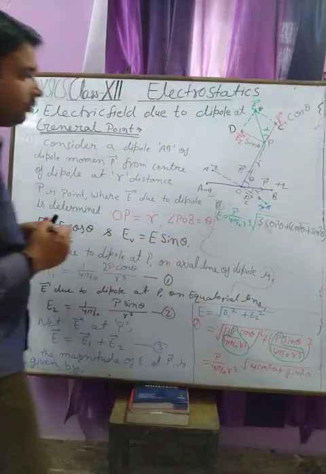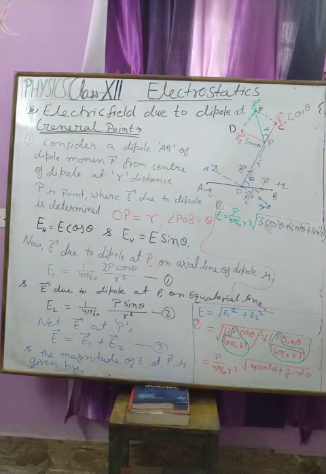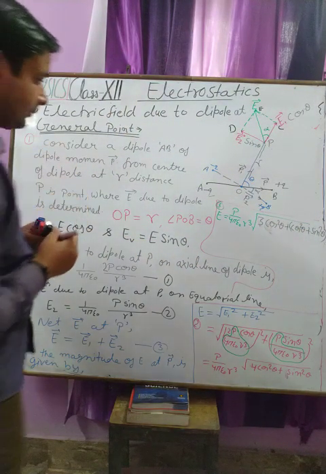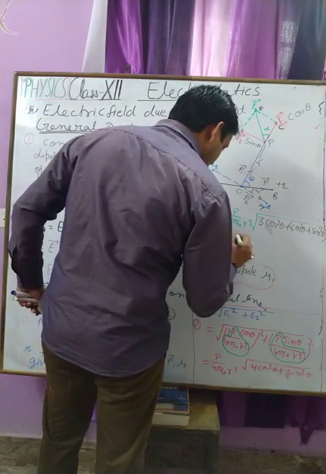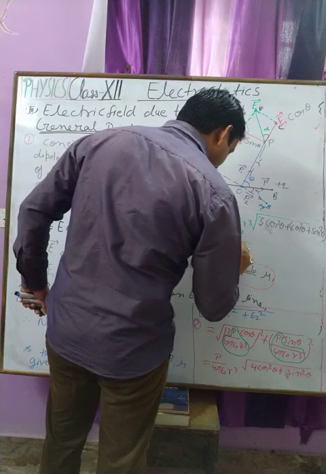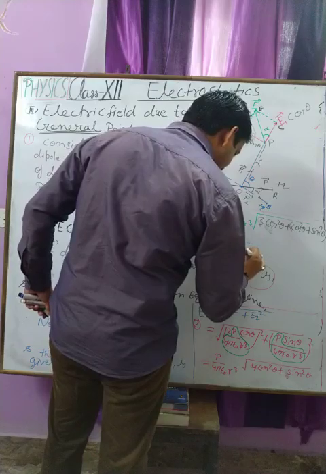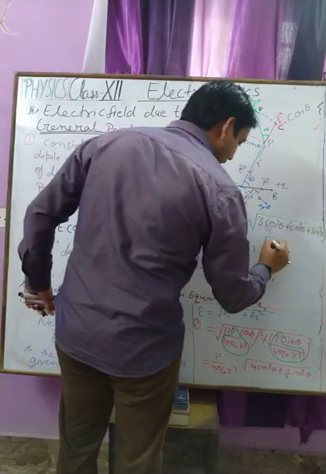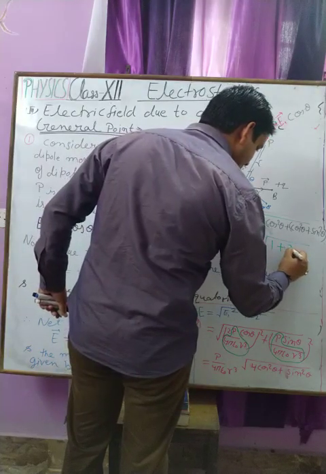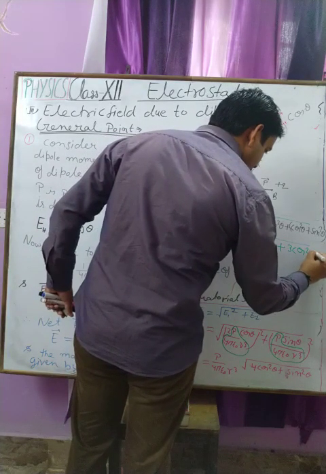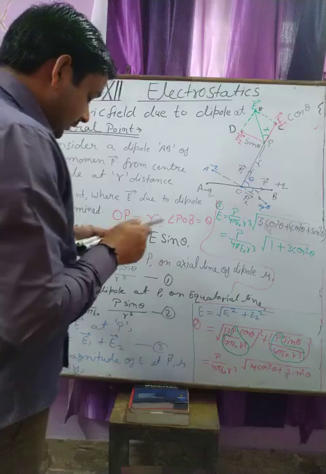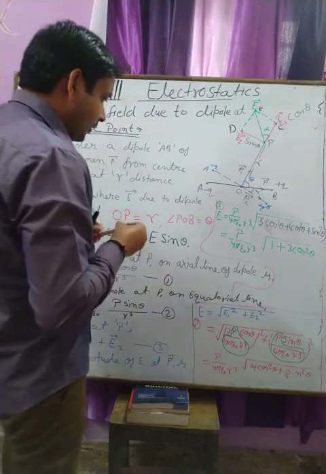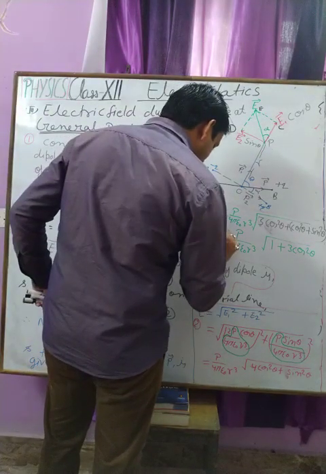Student, you all know the value of cos square theta plus sin square theta is 1. Therefore, p upon 4 pi epsilon naught r cube under root, this value becomes 1 plus 3 cos square theta. This is the electric field due to a dipole at a general point.